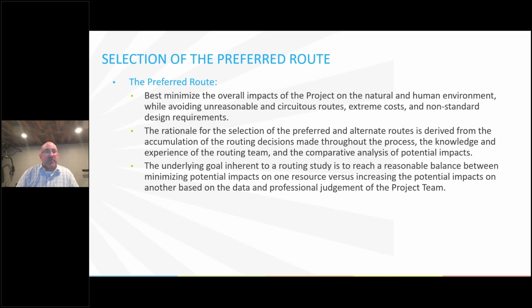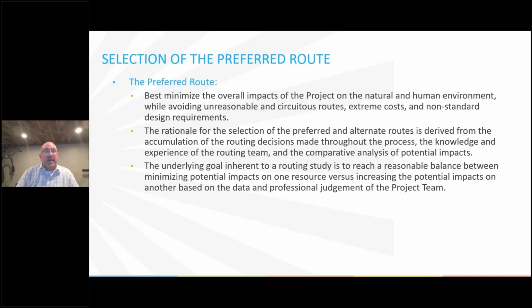So, a selection of the preferred route. The preferred route best minimizes the overall impacts of the project on the natural and human environment while avoiding unreasonable and circuitous routes, extreme costs, and non-standard design requirements. The rationale for selecting the preferred and alternate routes is derived from the accumulation of the routing decisions made throughout the process, the knowledge and experience of the routing team, and the comparative analysis of potential impacts.